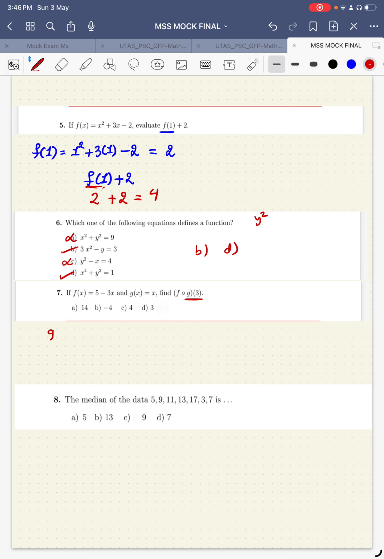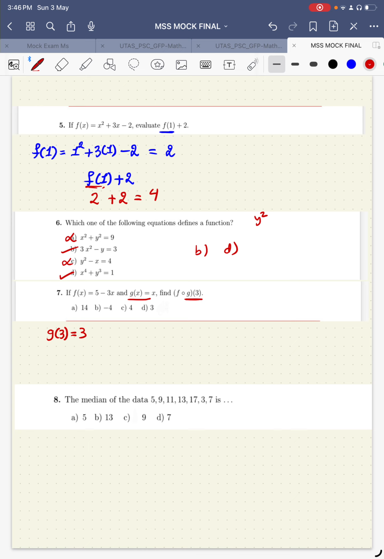So I'm going to calculate g of 3. I go back to g of x and replace the x with 3. So g of 3 equals 3. That's my inside function, found to be 3.